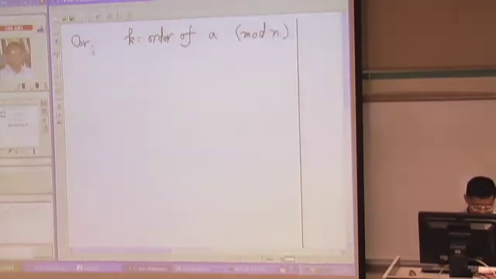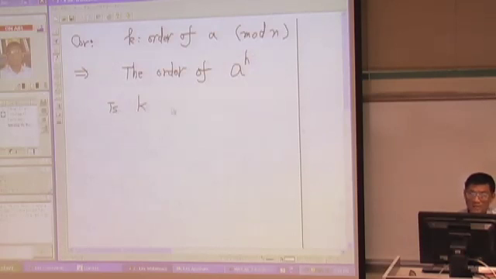Then the order of a to the power of h is k if and only if the GCD of the order and h is 1.